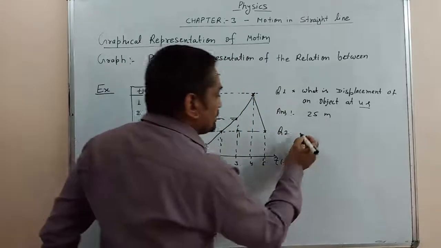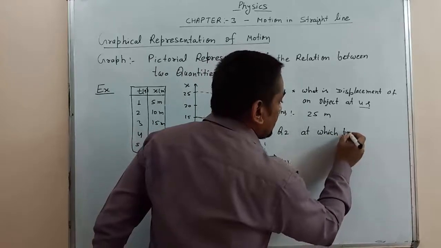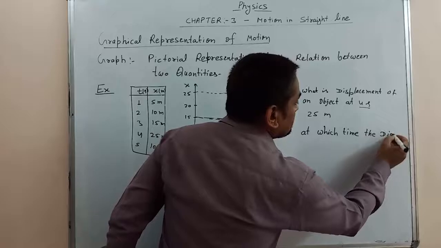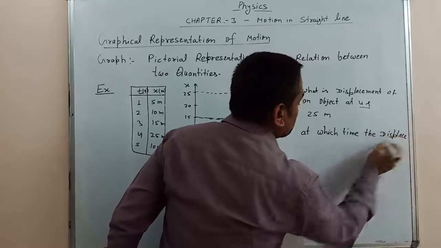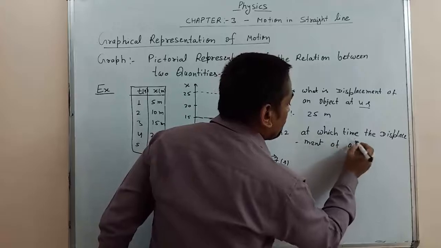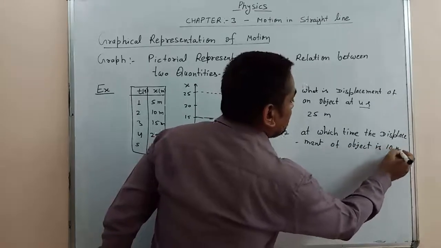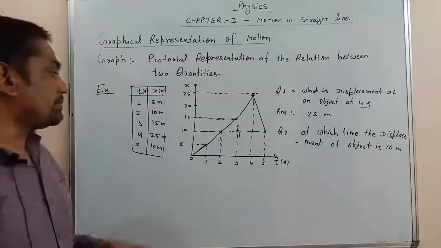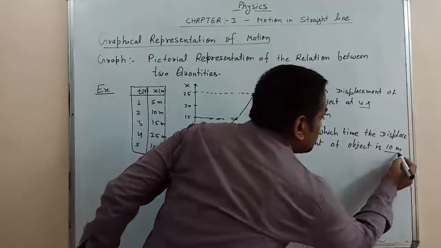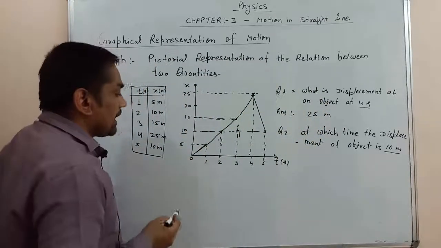Another type of question: at which time the displacement of the object is 10 meters. Here the displacement is given, 10 meters, and we must find at which time.